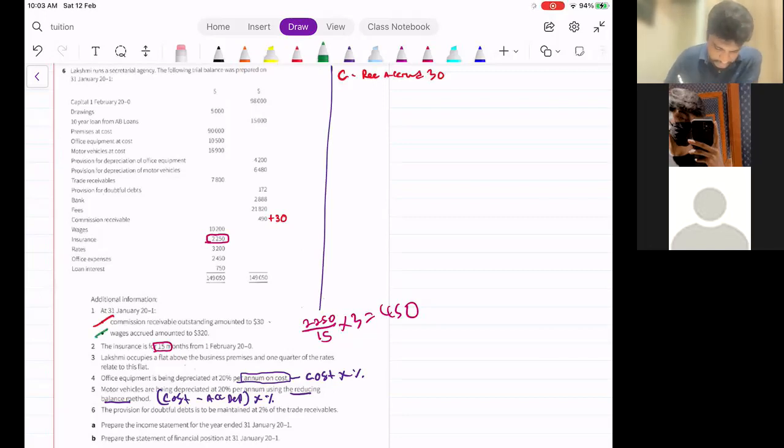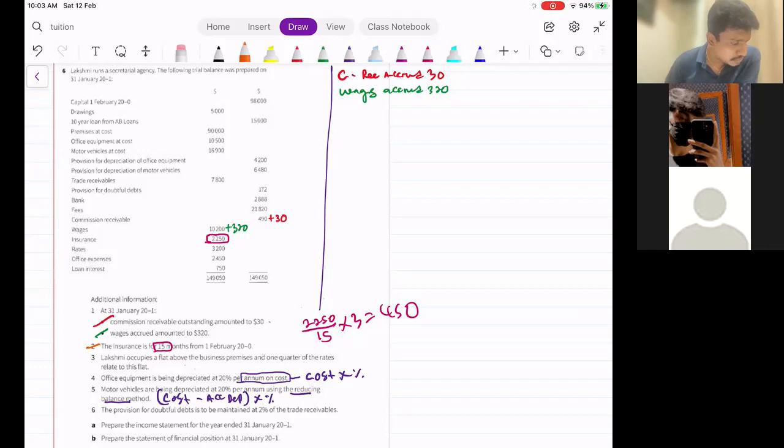Wages accrued, also same. Go find your wages plus 320. Right here, wages accrued 320. Insurance prepaid, just now we discussed already. Insurance prepaid 450. Oh, number two, you're wrong.